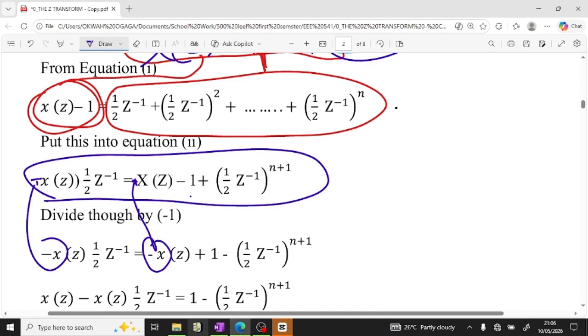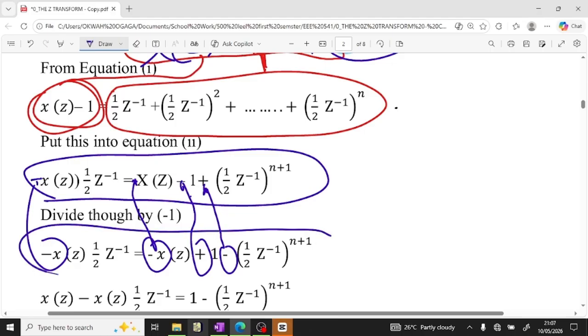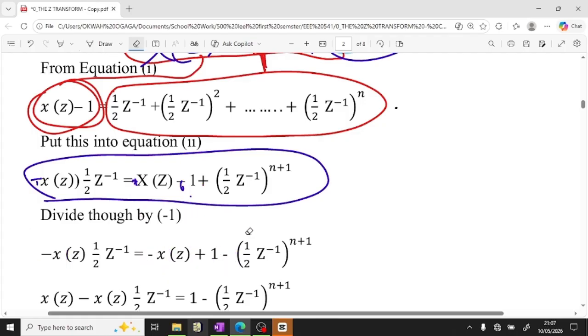Here was minus, when you divide by minus, it becomes plus. And here was plus, when you divide by minus, it becomes minus. The rest of the expression is the same. It's just the signs that changed. And I explained to you why the signs had to change, because we are dividing by minus 1, and we divided by minus 1 because we want our answer to be positive.